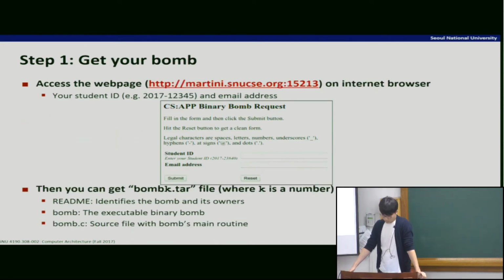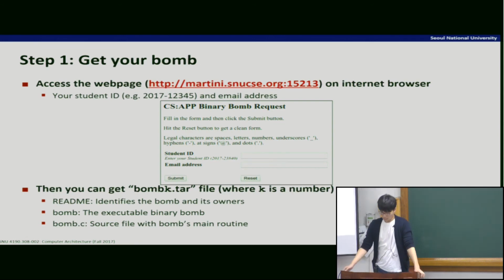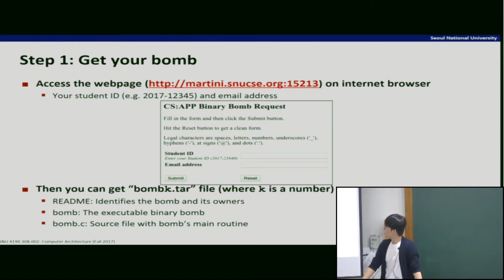The first thing is, you access the address in the internet browser, martini.snucsd.org. The port number is 15213, and fill in the form and click the submit button. Then you can get the bomb file.